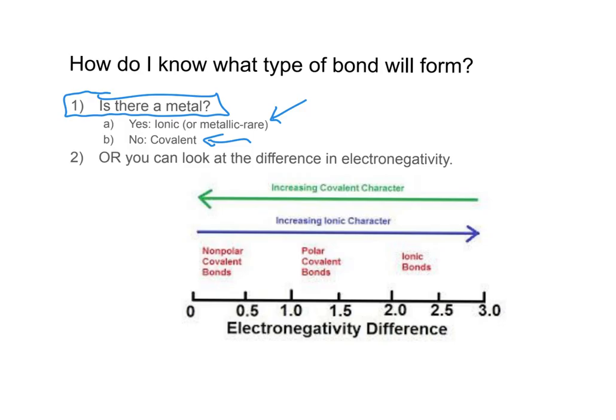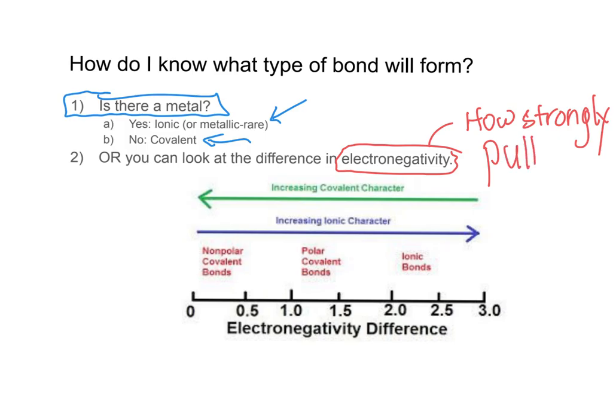Another thing you can do is look at what's called electronegativity. So here's another vocab word. This is an important chemical or physical property of atoms. Basically, electronegativity is how strongly that element pulls electrons to it.